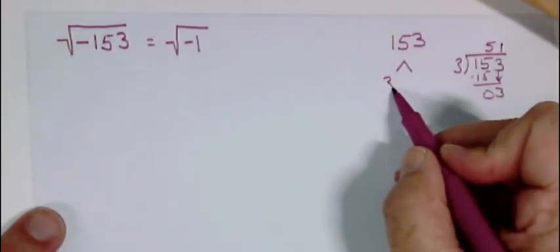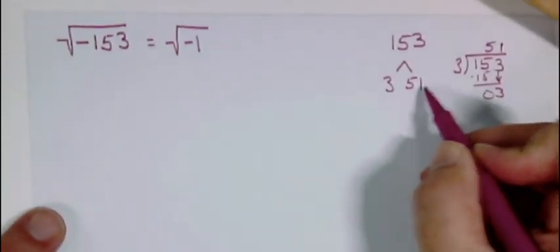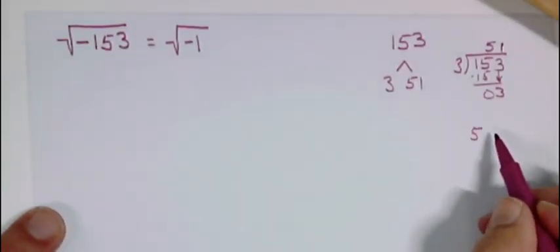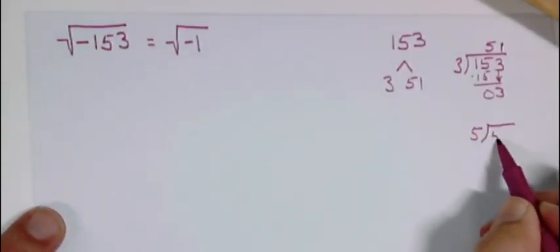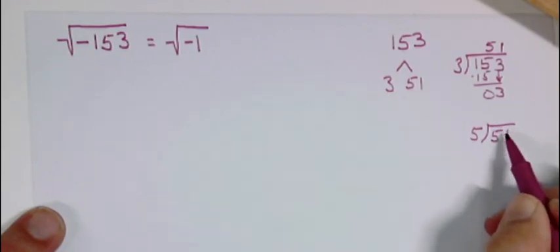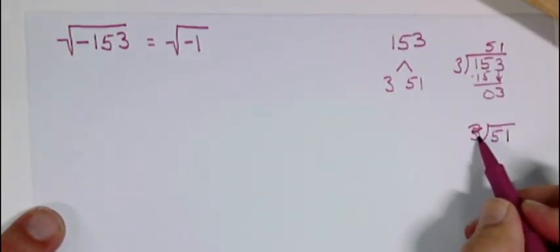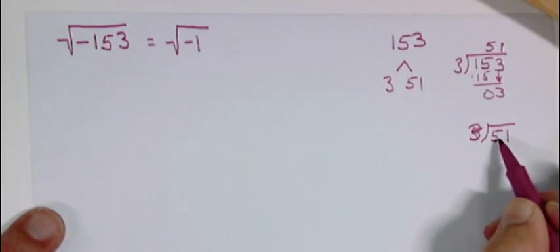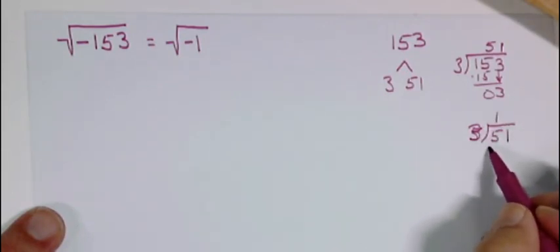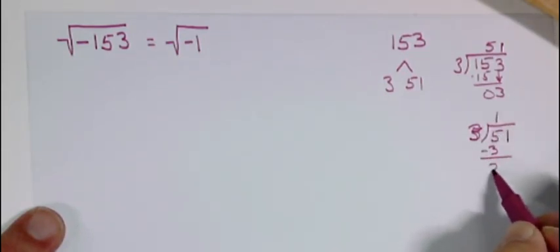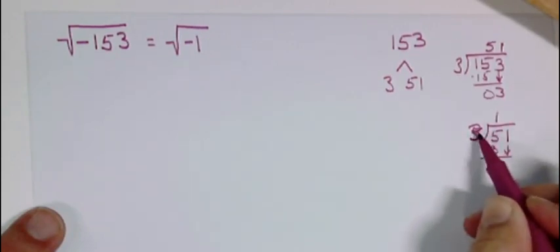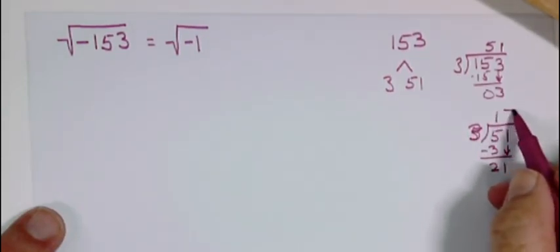So this could be rewritten as 3 times 51. 51 is also divisible by 3 because 5 plus 1 is 6. 3 goes into 5 1 time. 3 goes into 21 7 times.